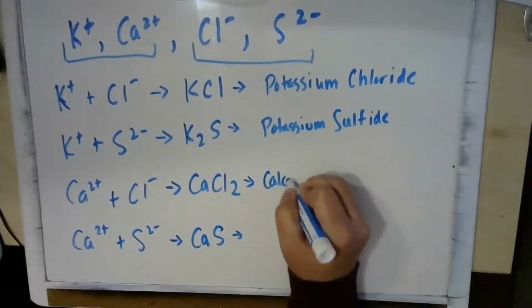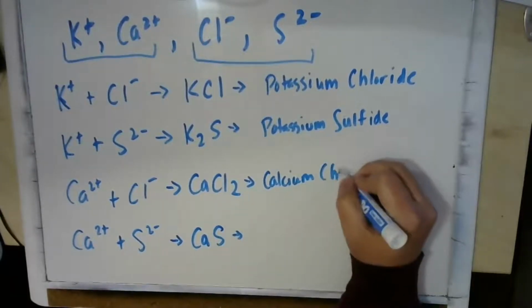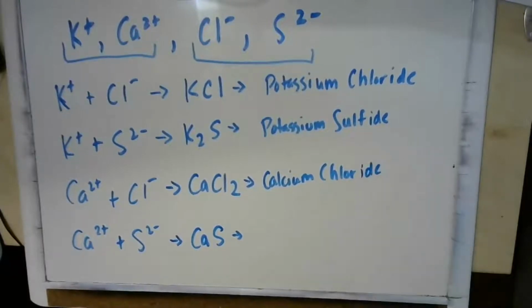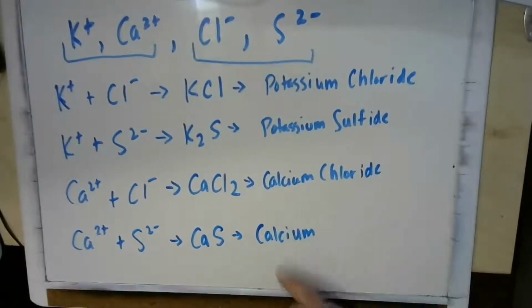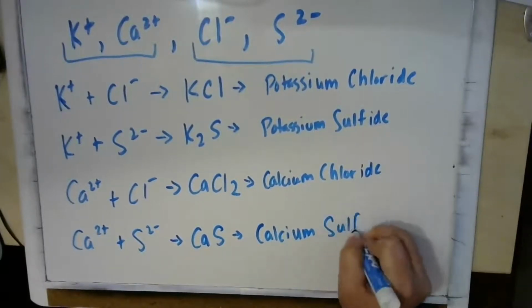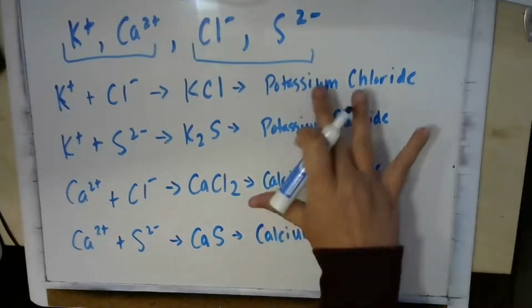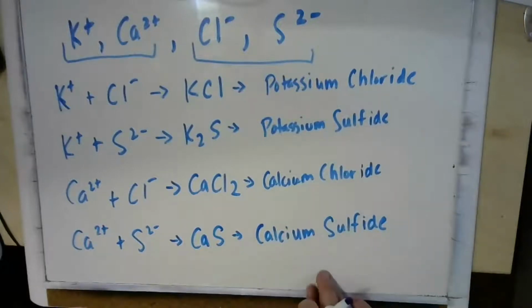Calcium, our nonmetal root, and then an IDE ending. And then one more time, calcium, our nonmetal root, and our IDE ending. And again, notice that there are no parentheses with charges in the middle because all of these are type 1 metals.